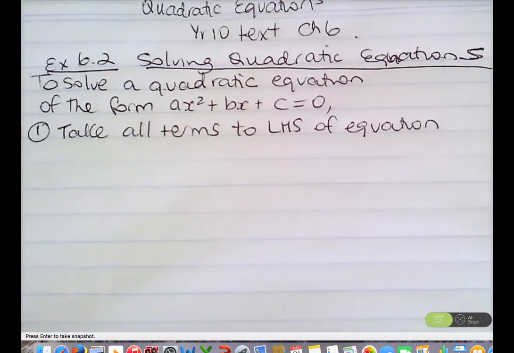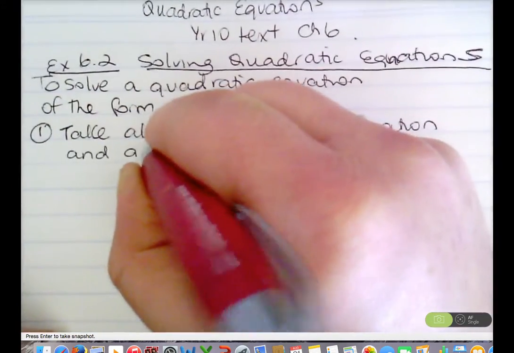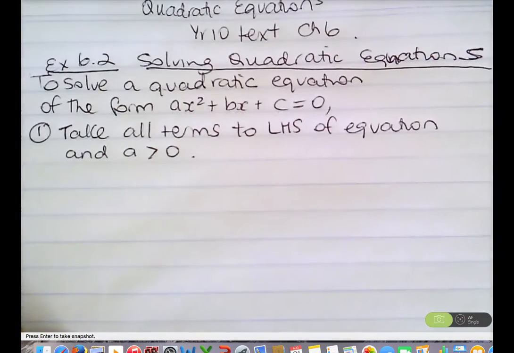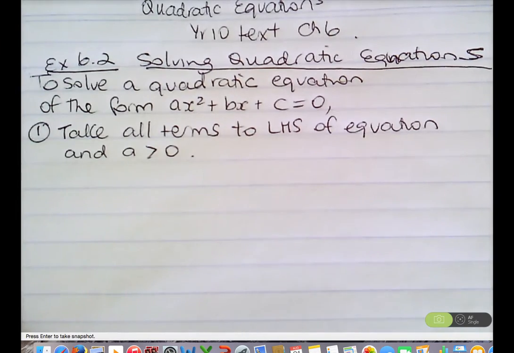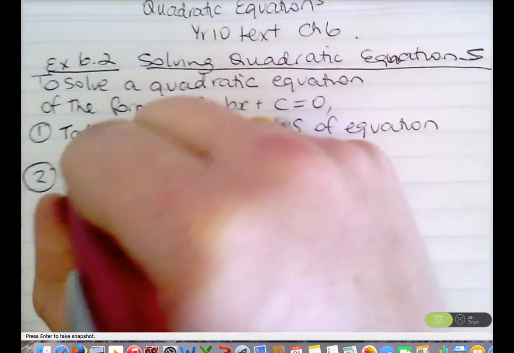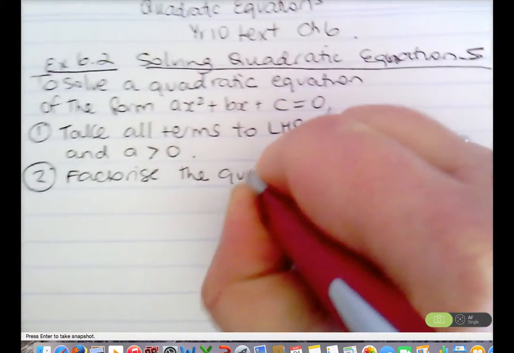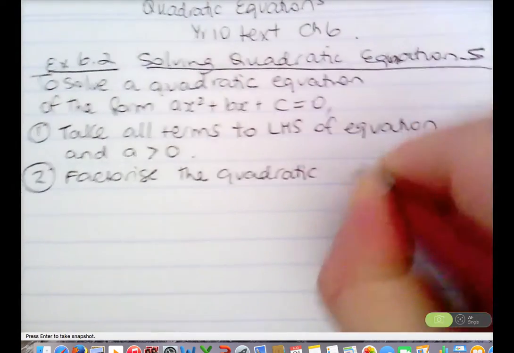What we do, we make sure all the terms are on the left-hand side of the equation, and we would like a to be positive. It's much easier to factorize if a is positive. Sometimes you might, I'll give you an example of that a bit later. Step 2 is to factorize the quadratic expression, and this is where all that factorizing that you did earlier in the year will be revised.